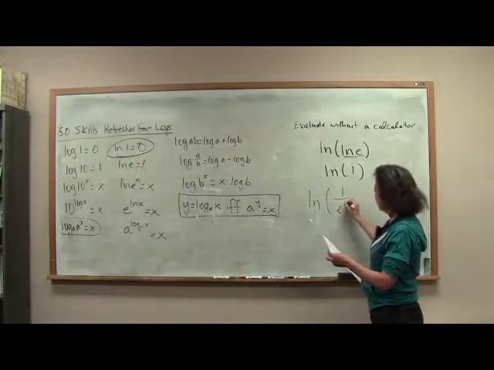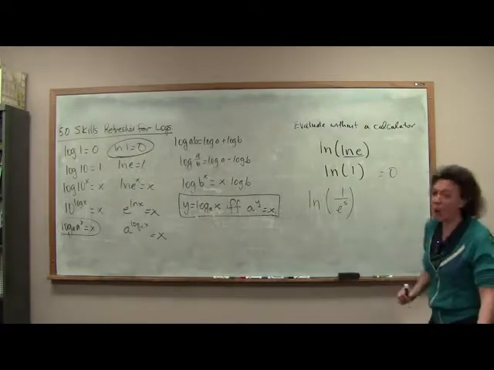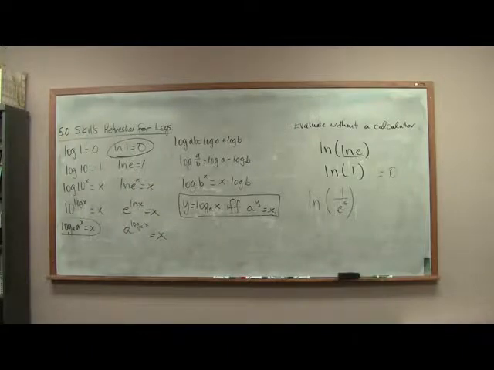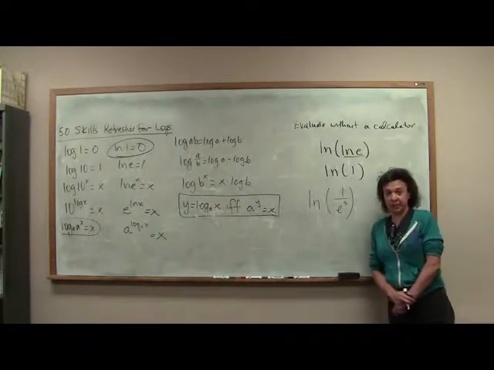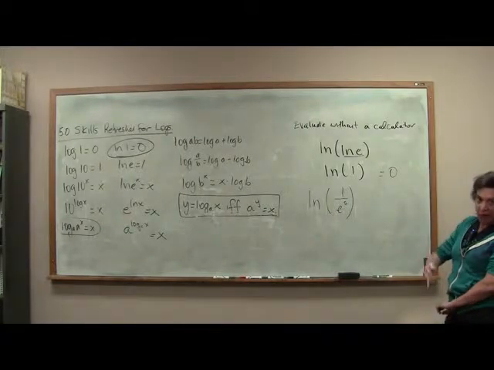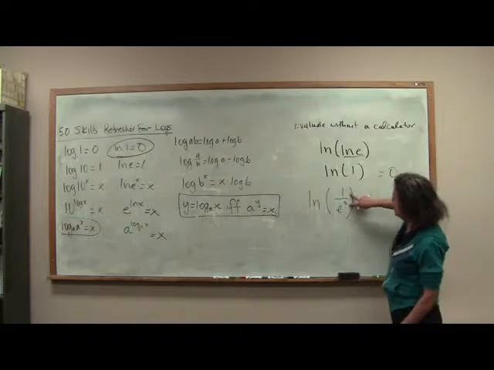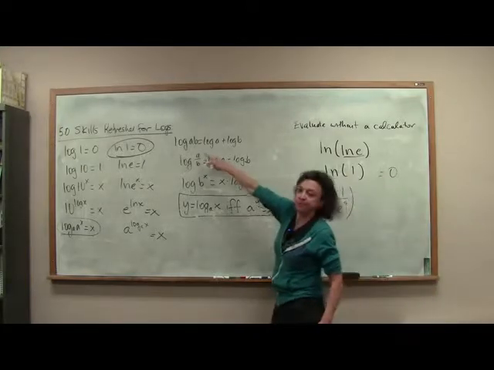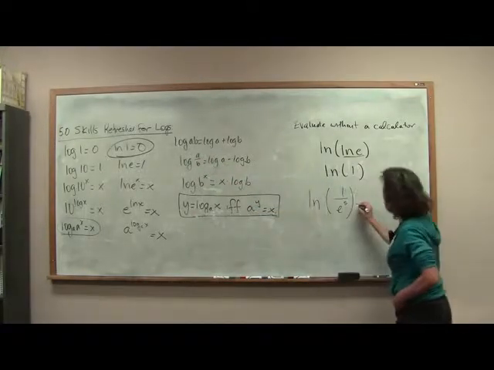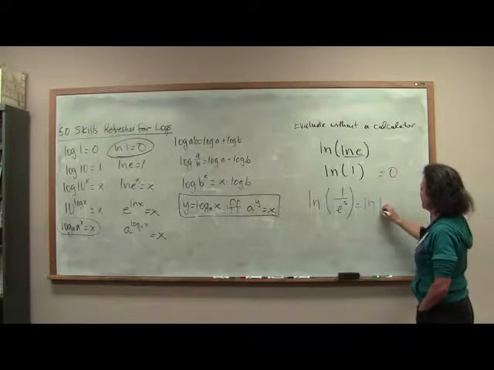Okay, we're going to practice a whole lot of these. Now, what if I want us to find the natural log of 1 over e to the 5th? Well, you might wonder what property to use. This is why you watch these videos and see me work through examples. Notice I'm taking the log of a quotient. So what I'm going to do is rewrite it as the difference of the logs.